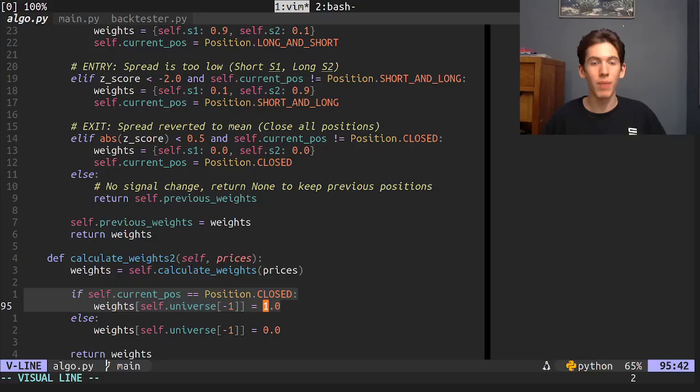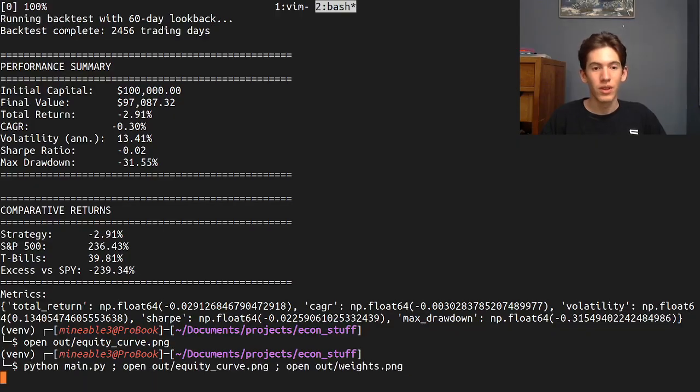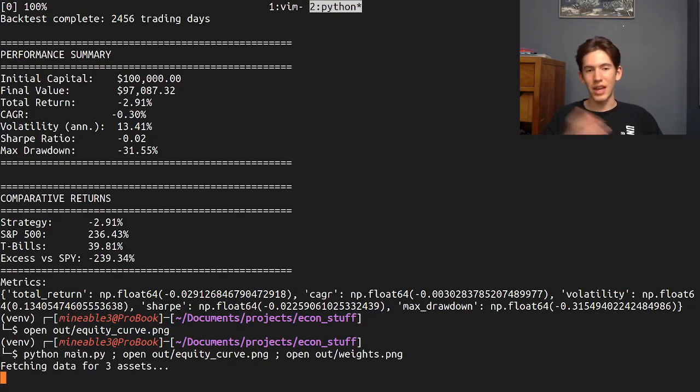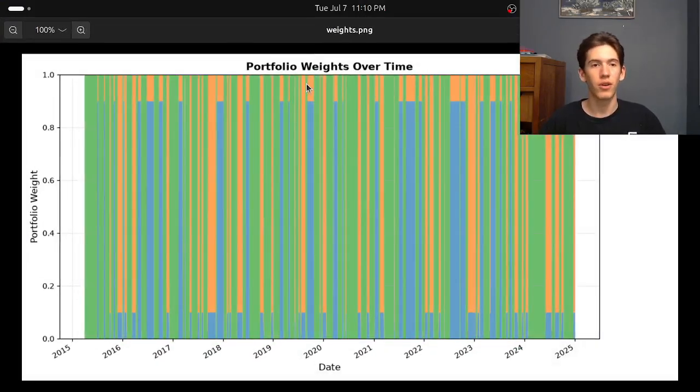So the money isn't just sitting there, you're fighting inflation, hopefully making a bit of a profit. Now, the S&P 500 is not a safety asset, right? If you wanted to do something that was safer, you should probably do a bond ETF, maybe treasury bill ETF, something along those lines. But for now, we'll just do the S&P because that is what our benchmark is, and you should always be comparing your algorithm to an appropriate benchmark.